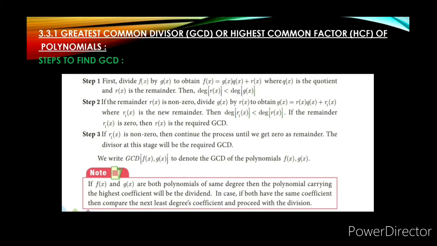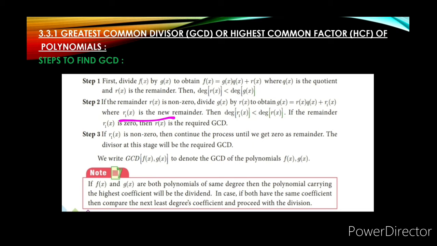Now come to the second point. If the remainder r of x is non-zero, then divide g of x by r of x to obtain g of x is equal to r of x into q of x plus r1 of x, where r1 of x is the new remainder.